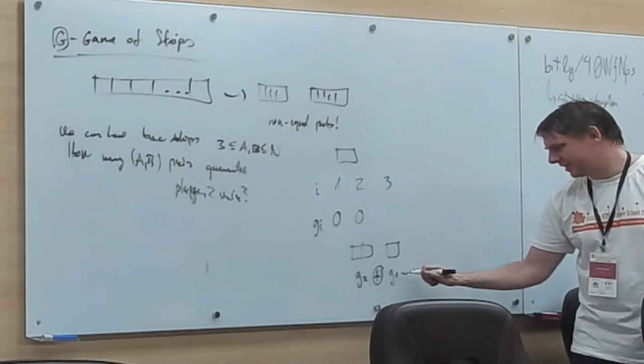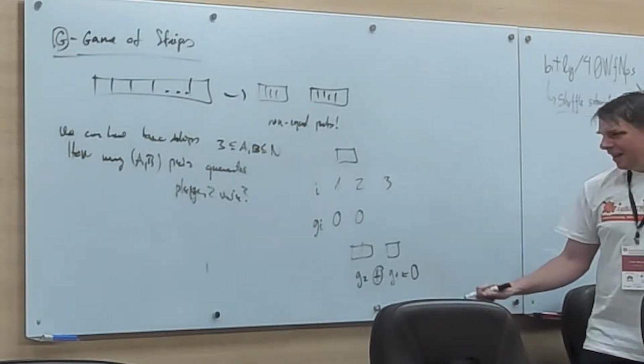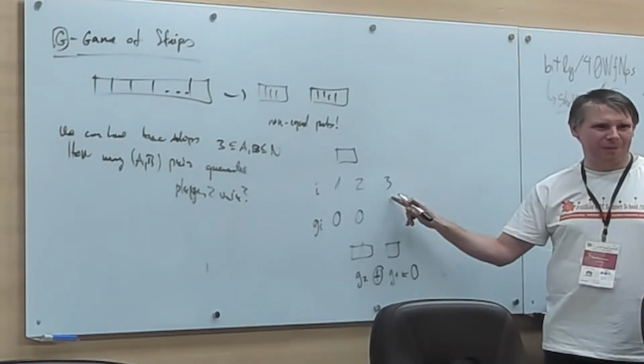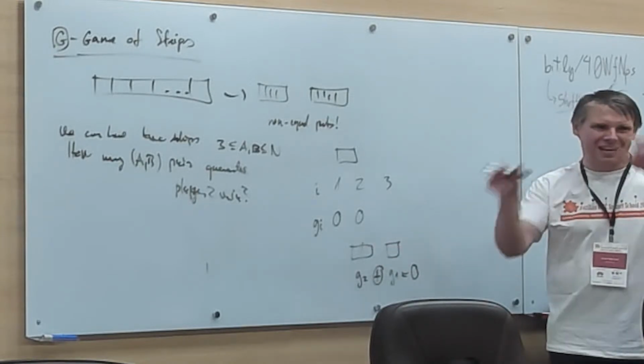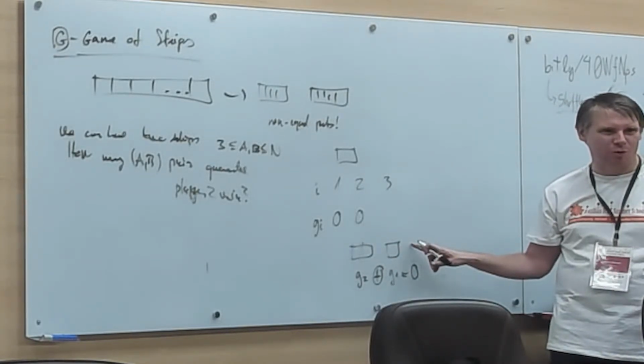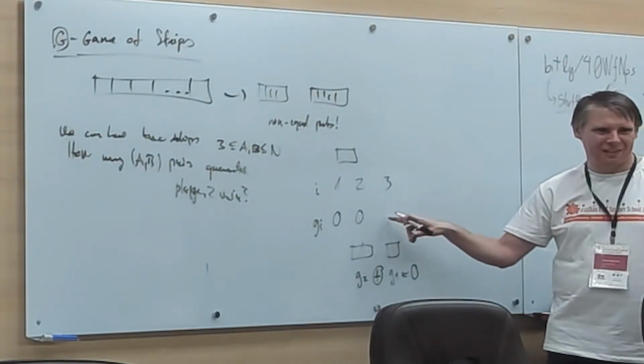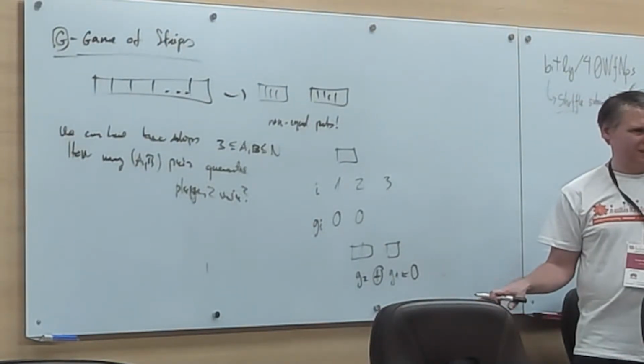And in this case, this will be 0. Okay? And to get the value of a given position, you consider each state where the game can lead to from the current state in one move, and you take the mex, the minimum excluded integer of the sequence.